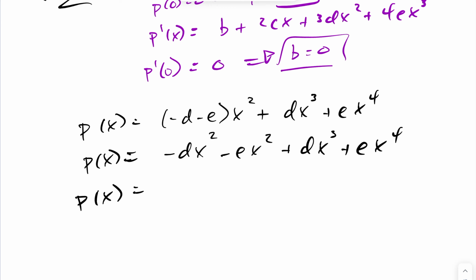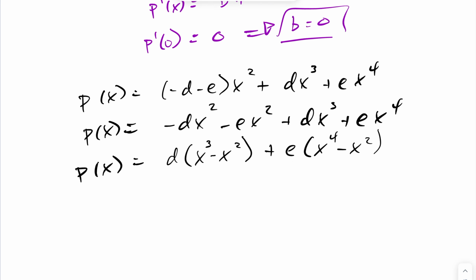In which case p at x is going to equal, I could factor out the d. I'm going to get d times x cubed minus x squared, plus e times x to the 4th minus x squared.